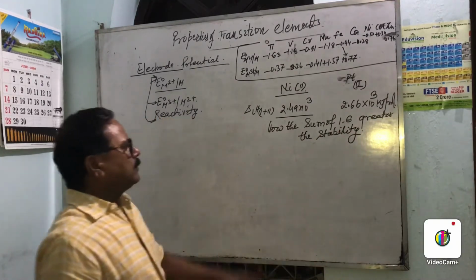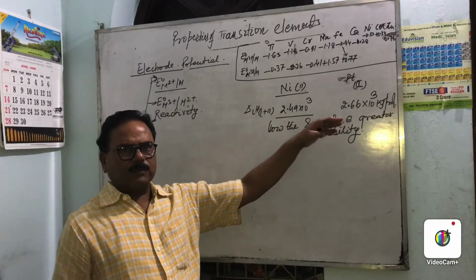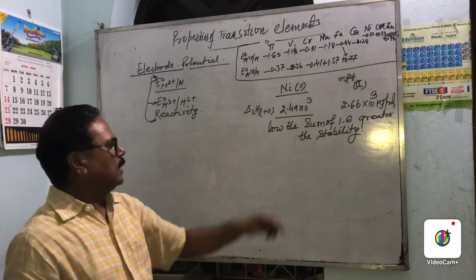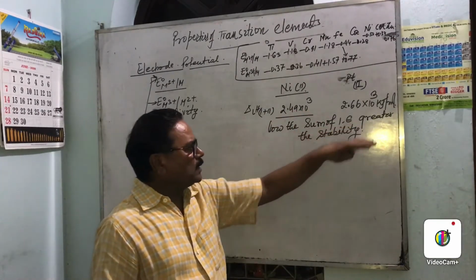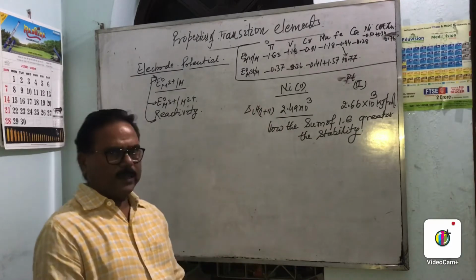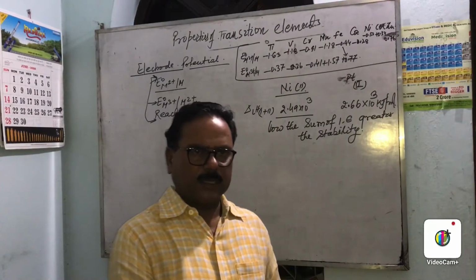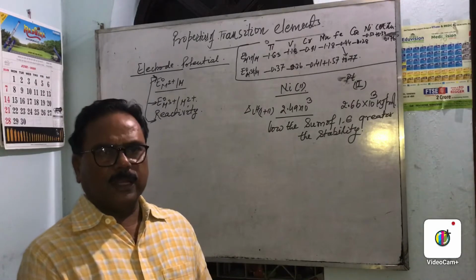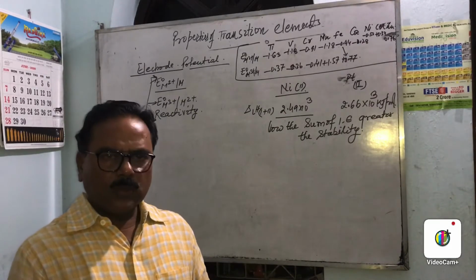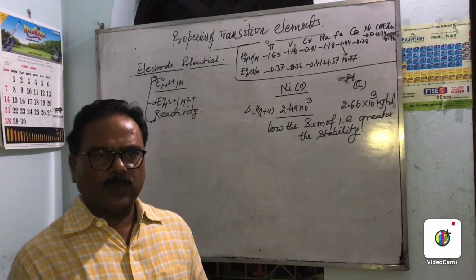So, if the value is not given, that's the concept for you. If in the question there are two metals in the same state, nickel and platinum, and out of these two, which one will be more stable?